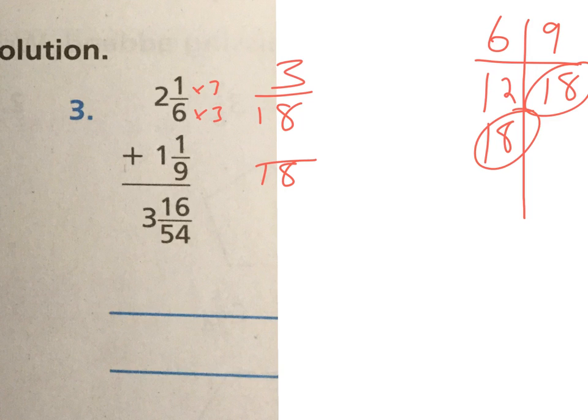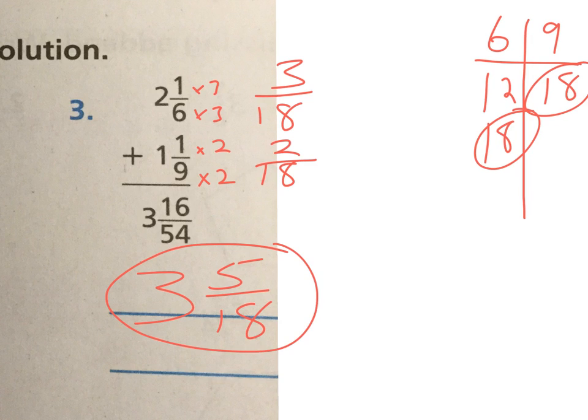And 9 times 2, so 1 times 2 is 2. Now if we add them together, we have 3 and 5/18. What they did is they didn't simplify, and when they did, they had the wrong numbers. They multiplied by the wrong ones. So, here we have our final answer of 3 5/18.